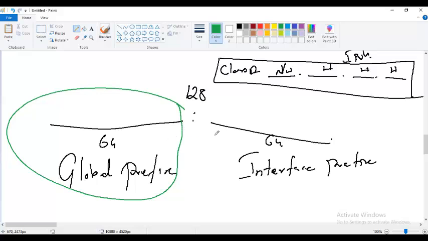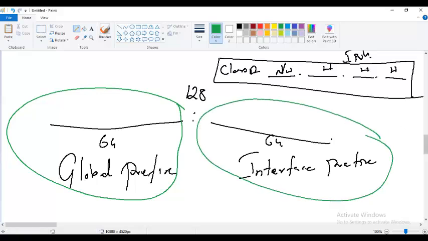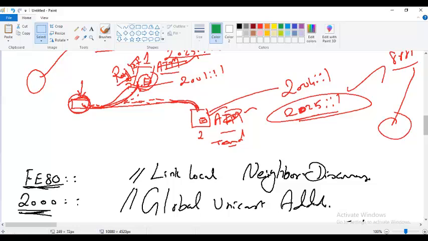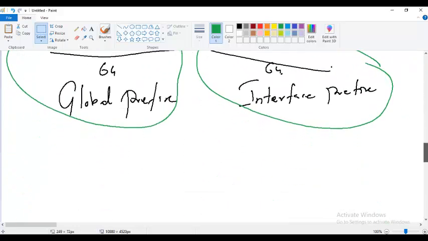I hope now you understood what interface prefix and global prefix are, in the light of IPv4 network ID and host ID. Fine. So we got 64-bit of network portion and 64-bit of host portion. But the name is different.